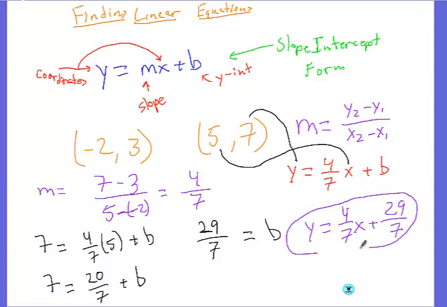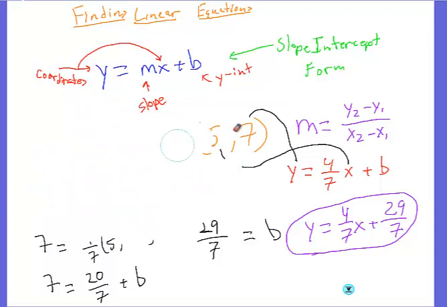Again, a lot of you guys don't like fractions, but fractions come up a lot when we're graphing, okay? But that's all this problem is. You find the slope between the two points, substitute either coordinate into y and x, and solve for b. All right, let's do another one.